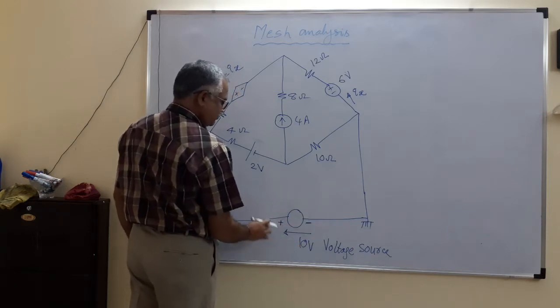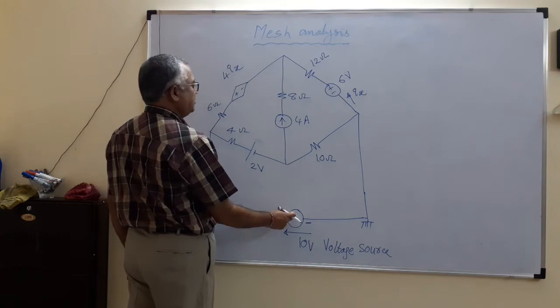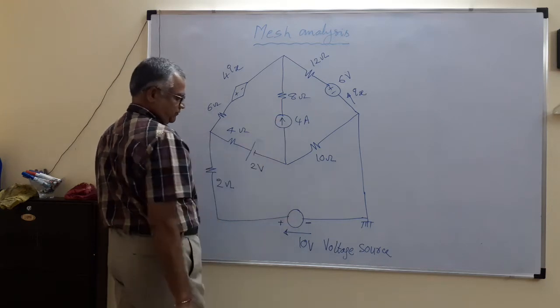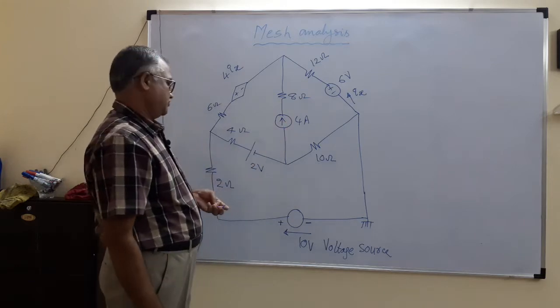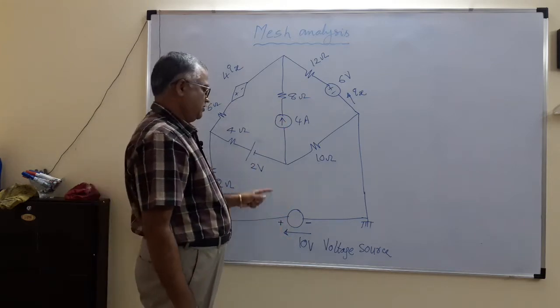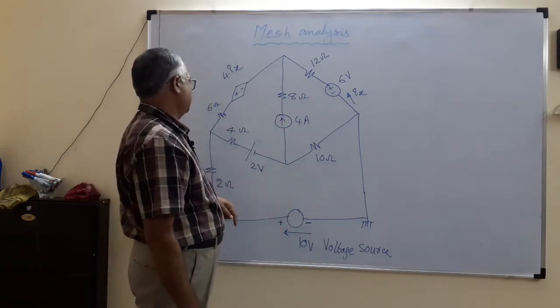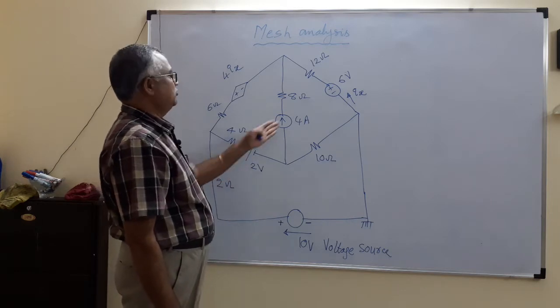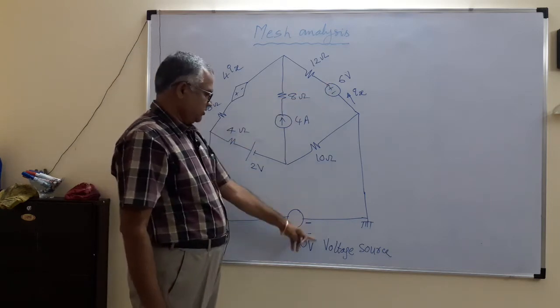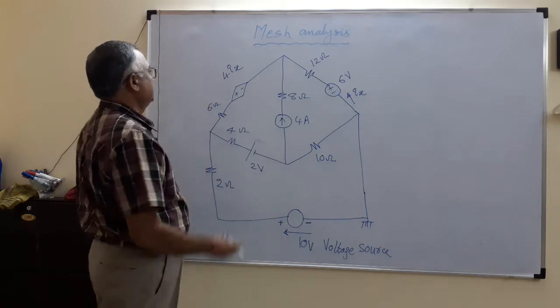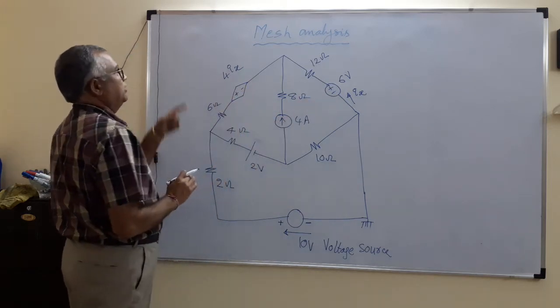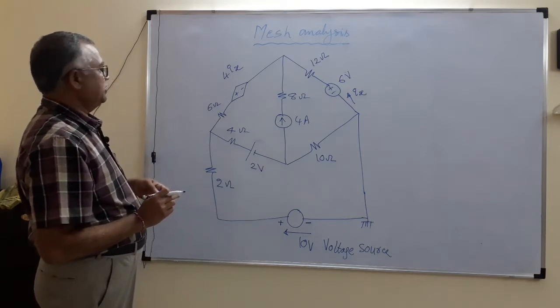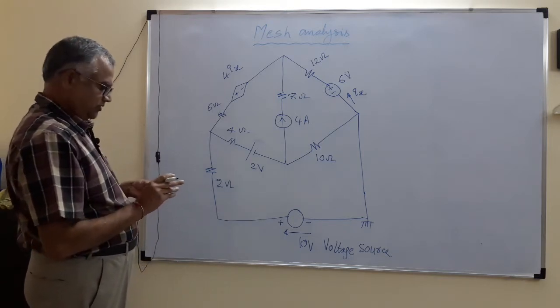It is a voltage source. Arrow inside is undoubtedly a current source. Outside is a voltage source, inside is a current source. This is also another valid symbol. This is anyway a current dependent voltage source, and let us analyze this problem using mesh analysis.